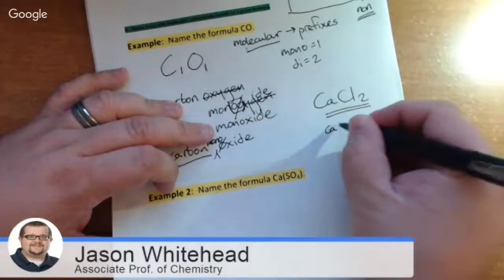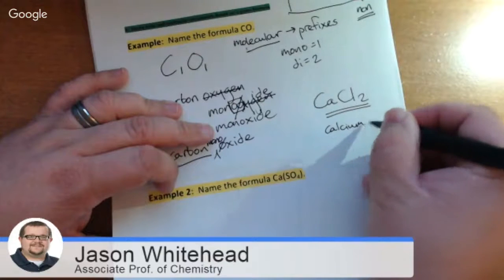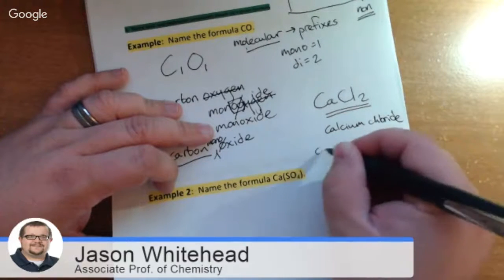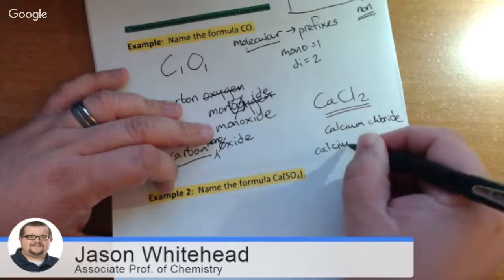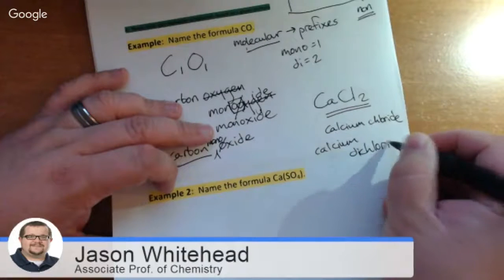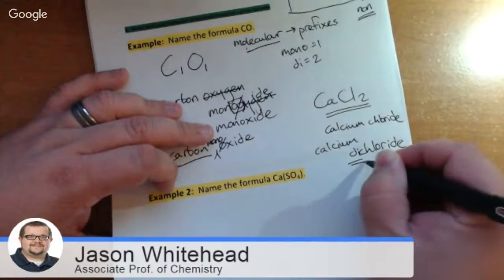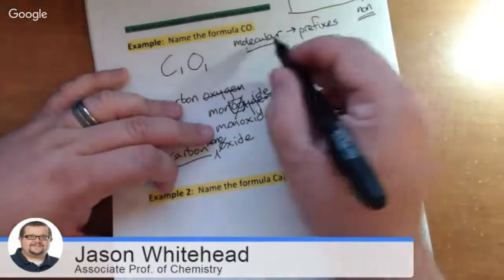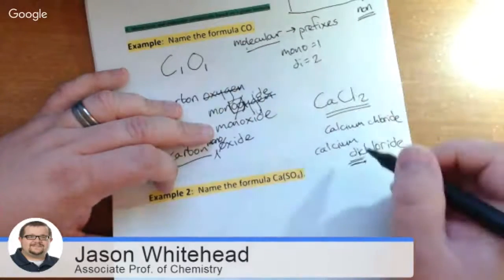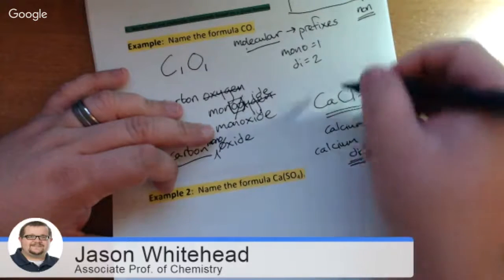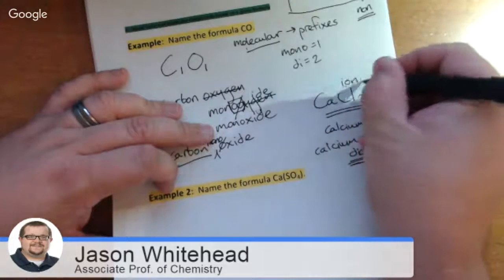You might have choices for naming this of calcium chloride or calcium dichloride. And it's really tempting to want to throw that di in there, but di is a prefix. Prefixes go with molecular compounds. We wouldn't have to use any prefixes for a compound like CaCl2 because this is ionic.